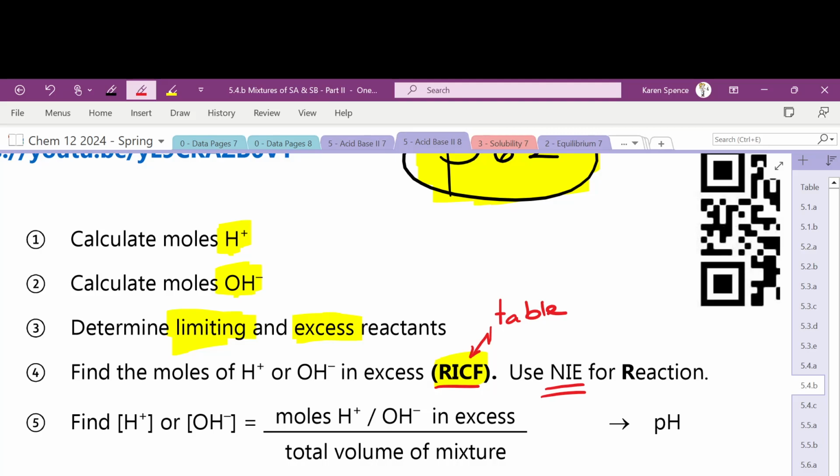And besides, we eventually want the hydrogen and hydroxide concentration anyway, so we might as well work with those from the start. Once you know your moles in excess, you divide by the total volume of the mixture, and that will give you eventually your pH. You might have to go through pOH and pH.